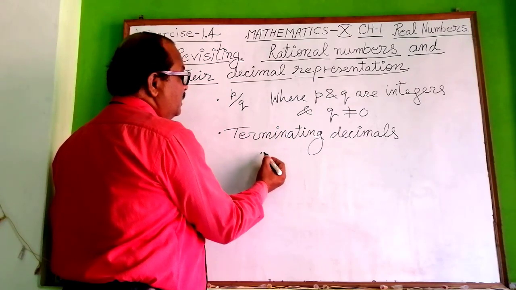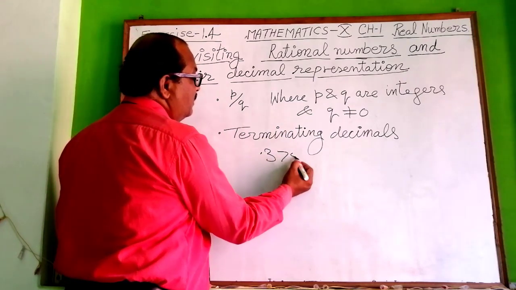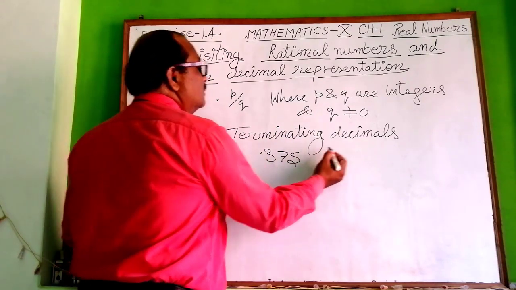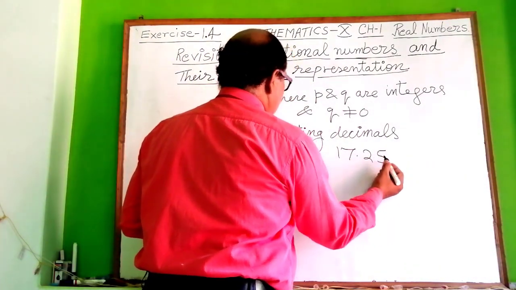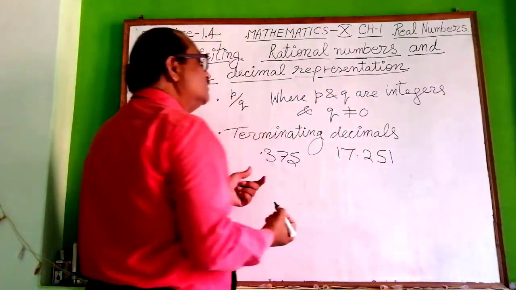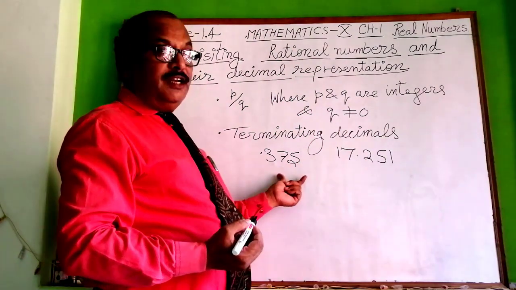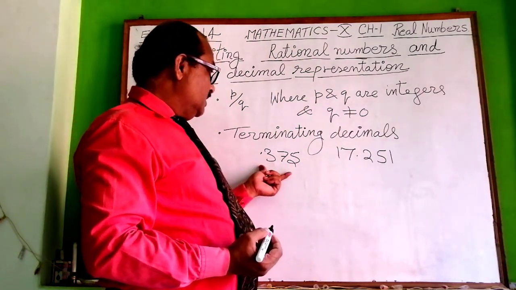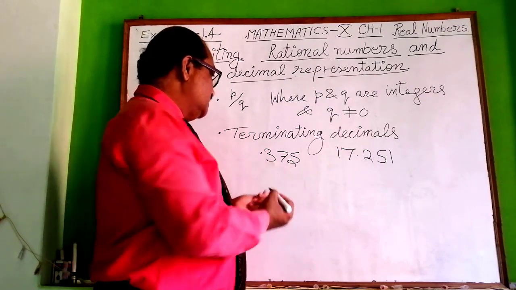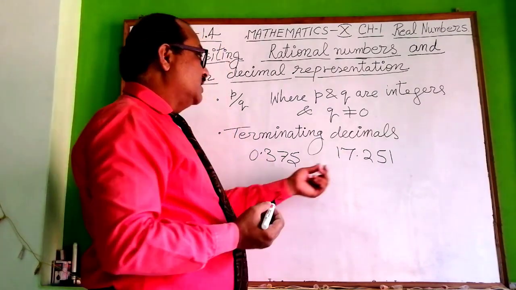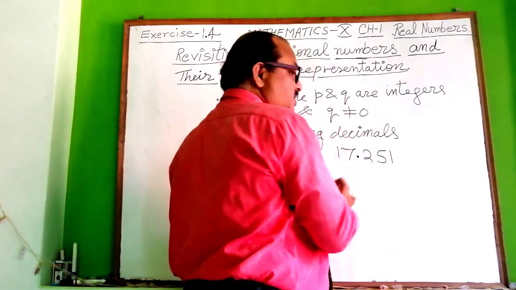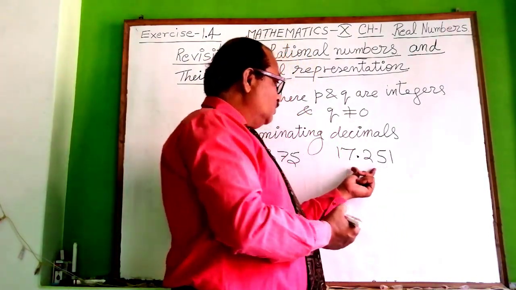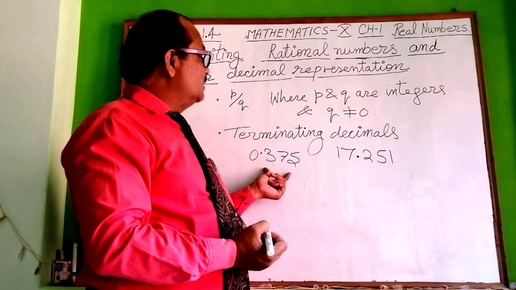Suppose 0.375, 17.251. So you can see both are terminating. First number is terminating after 3 places of decimal. Second number is also terminating after 3 places of decimal. So both are rational numbers.